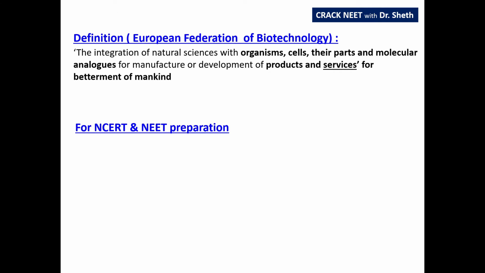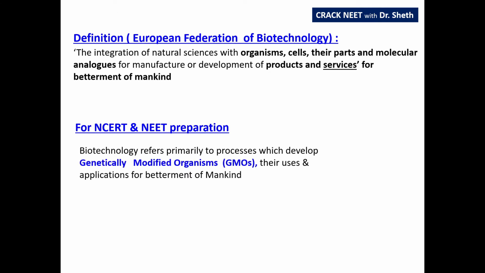Now for NCERT or NEET preparation, what do we have to focus on in this chapter? Here biotechnology refers primarily to processes which develop genetically modified organisms, their uses and applications again for the betterment of mankind. Now, what are GMOs? We're going to study in the next few slides.